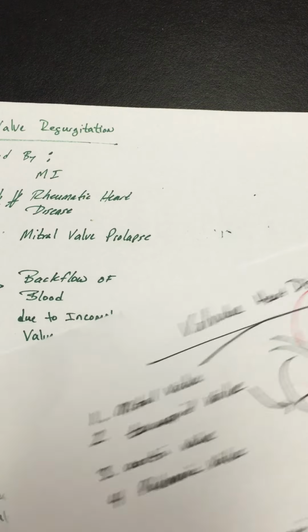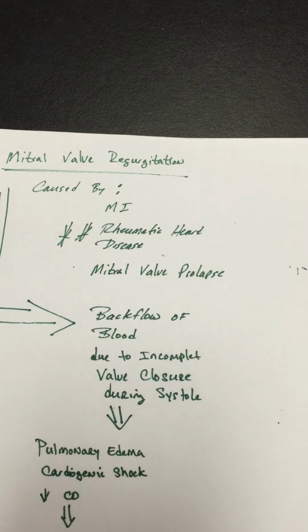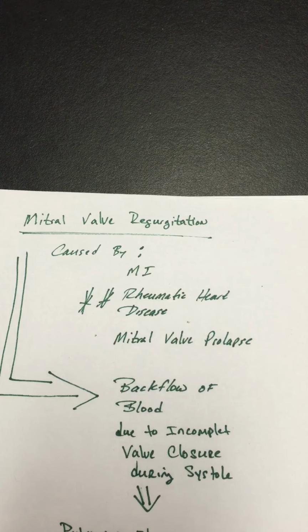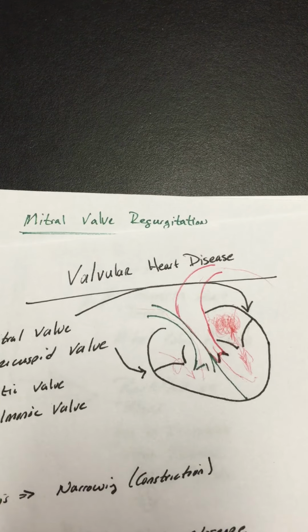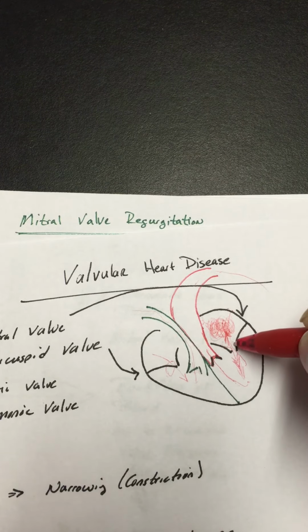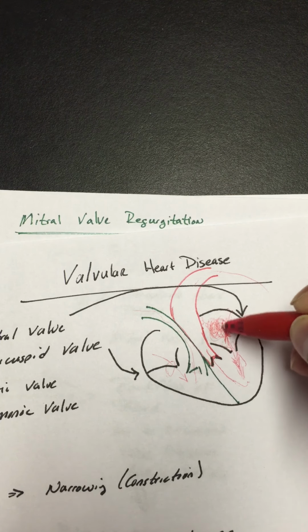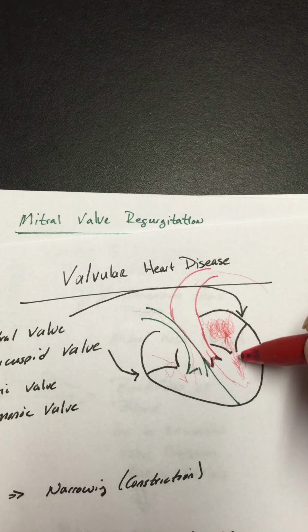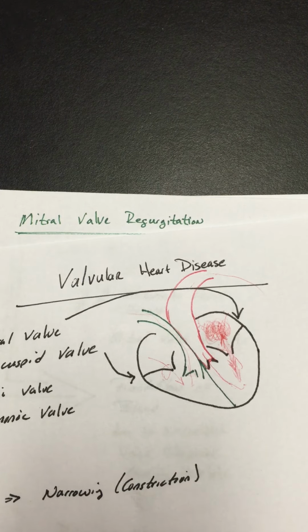Now, let's move to mitral valve regurgitation. We talked about how regurgitation is simply a backward flow of blood. In one case, there's a stricture, a stenosis, a narrowing. So again, blood is pooling back here because it's not able to come down because of that stenosis.